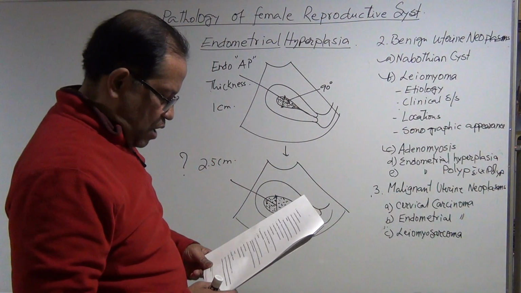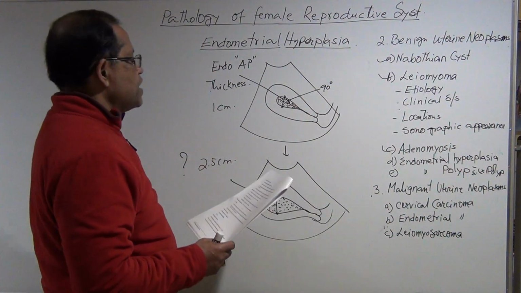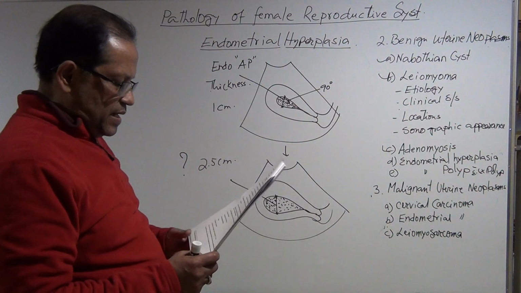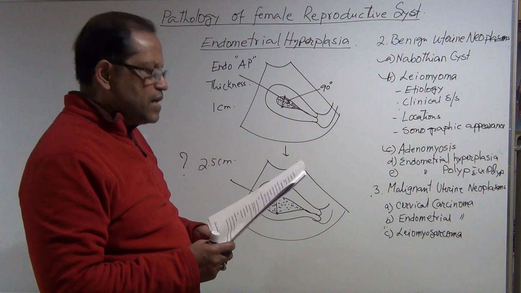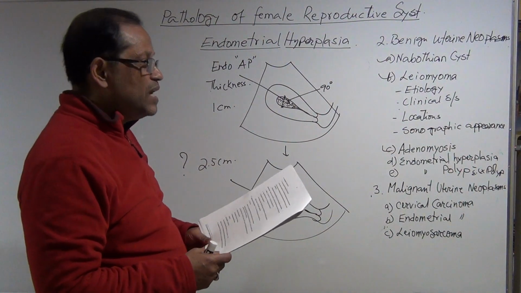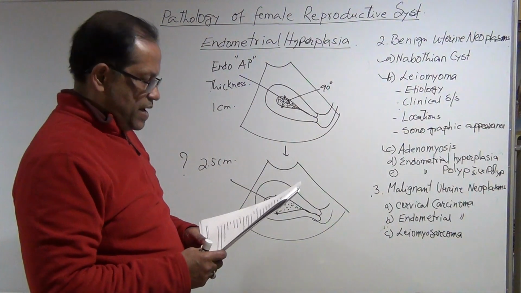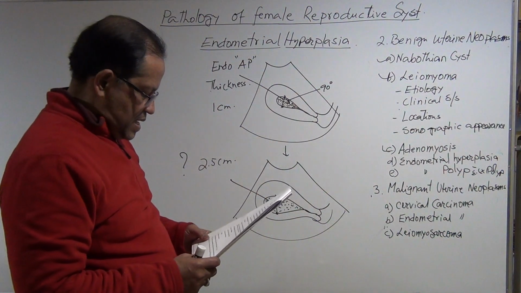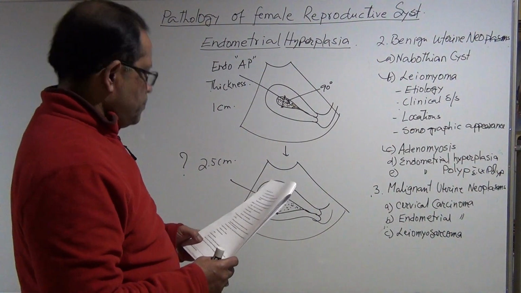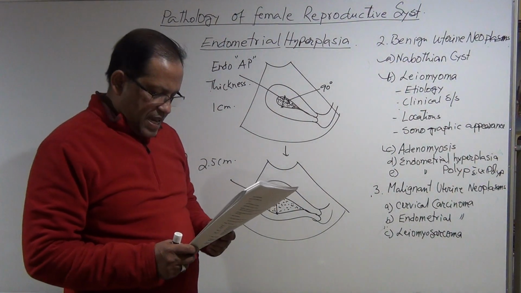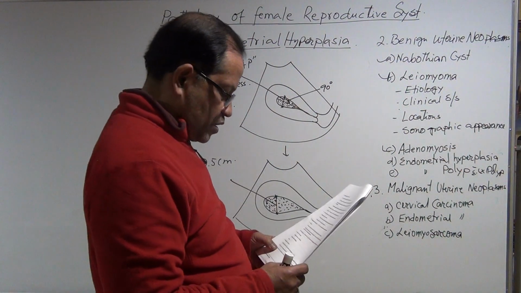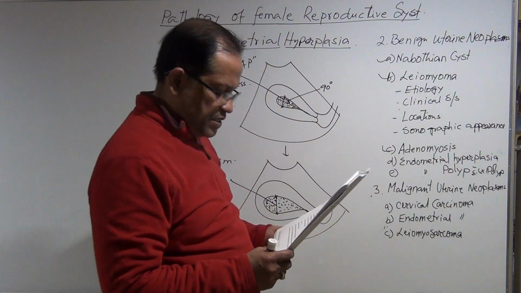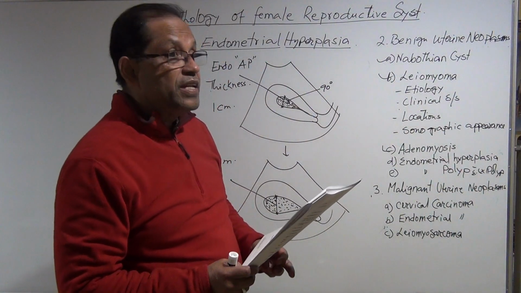Now, sonographic appearance: the endometrium will appear thicker on ultrasound, that is greater than 1 centimeter, and the endometrium is hyperechoic compared to the myometrium. There is no way to sonographically differentiate this process from endometrial carcinoma.